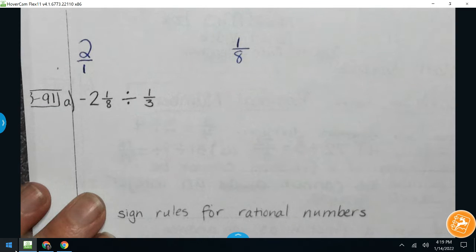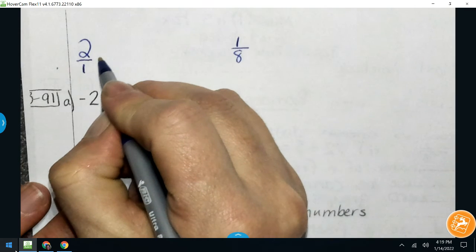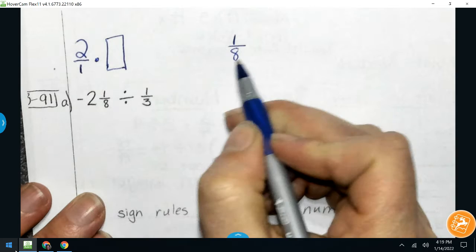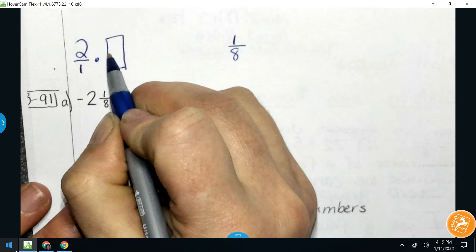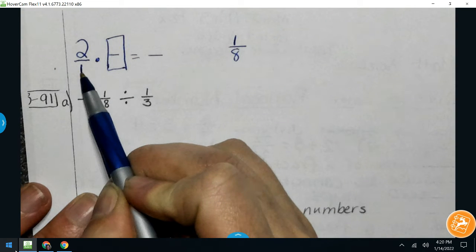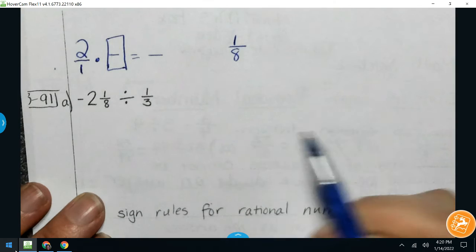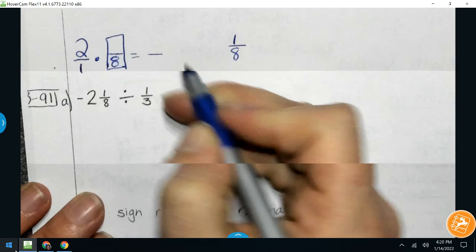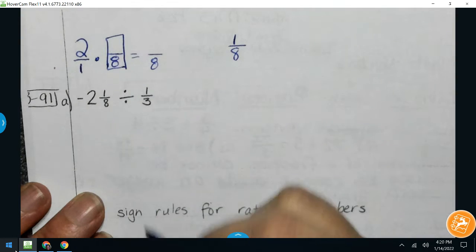Oh, good gravy. Then we're going to multiply by a giant 1 because we need a common denominator before we add it to the 1/8. And so a common denominator between 1 and 8 is going to be 8. So we're going to multiply this by 8 to get to 8.